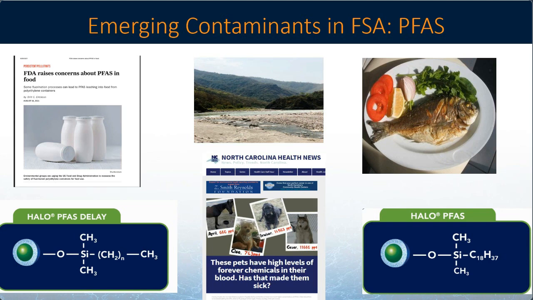Per- and polyfluoroalkyl substances are chemicals that have been used in a variety of things, from carpet to firefighting foam to raincoats, pretty much the full spectrum of products you'll find PFAS in.